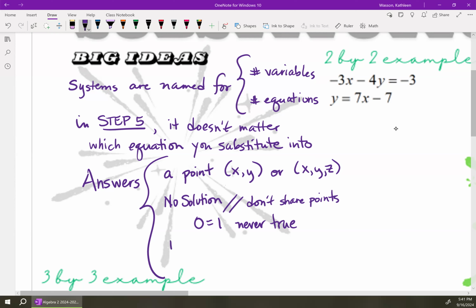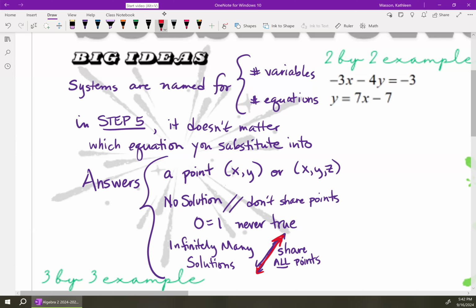Also, you could have infinitely many solutions, and graphically, that means that the lines share all their points. Because it's two different ways to write the same line, they graph right on top of each other.